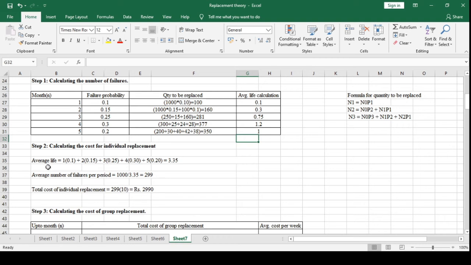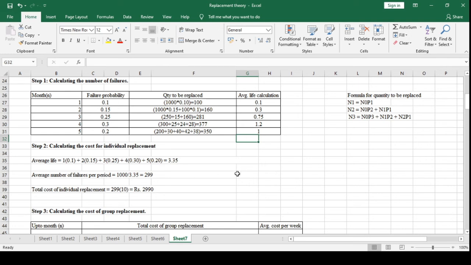For that, first of all, we will calculate the summation of the average life, that is 0.1 plus 0.3 plus 0.75 plus 1.2 plus 1. So the total average life is 3.35, which is nothing but the summation of all those average lives. Now we will calculate the number of failures per period. So what will be the number of failures per period?